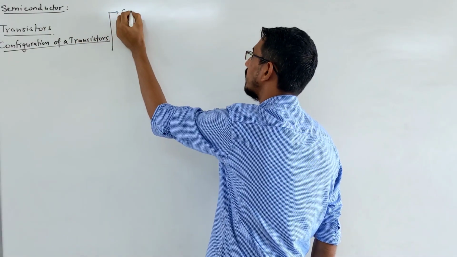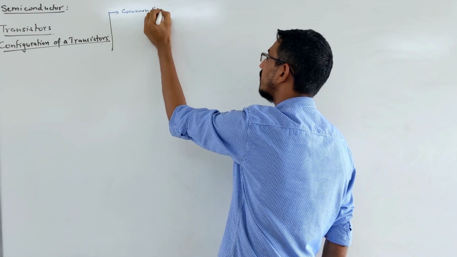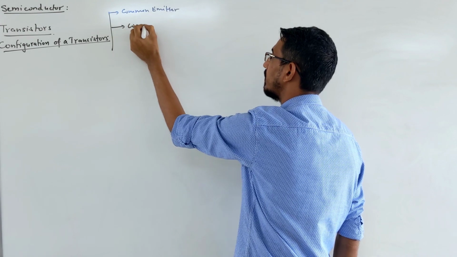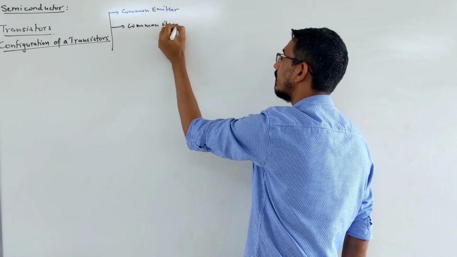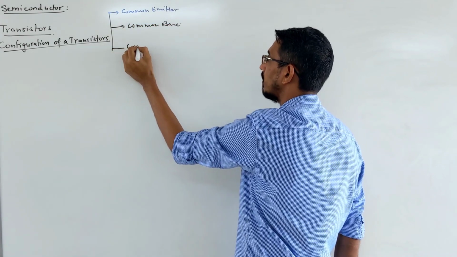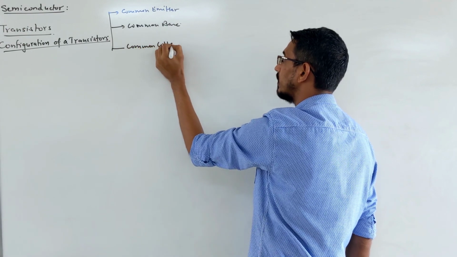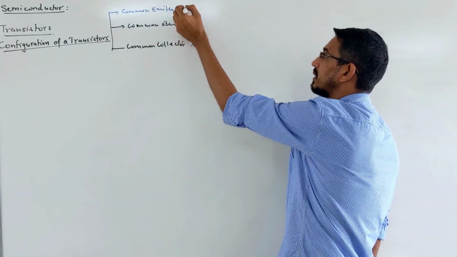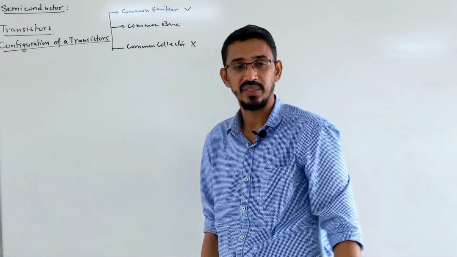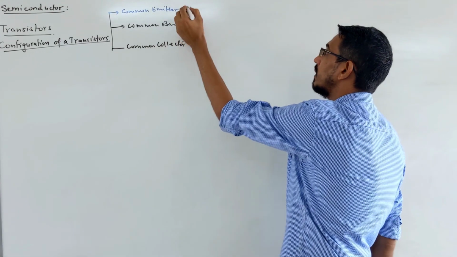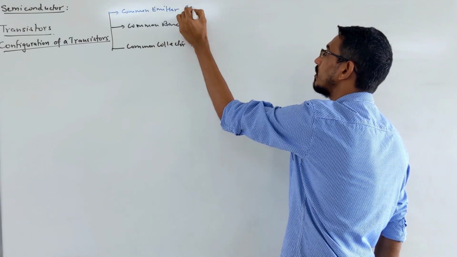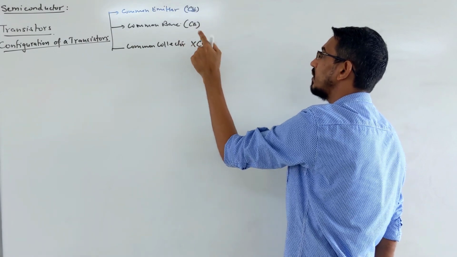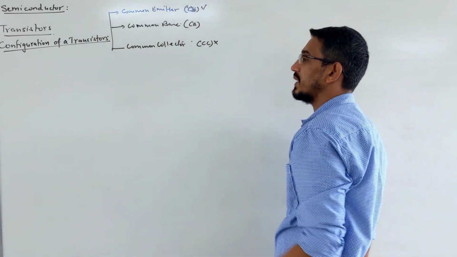It could be common emitter mode, common base, or common collector, which is generally not used. The most popular method is common emitter, CE method. In short we call them CE, CB and CC. We generally don't use the others; we use CE most of the time.